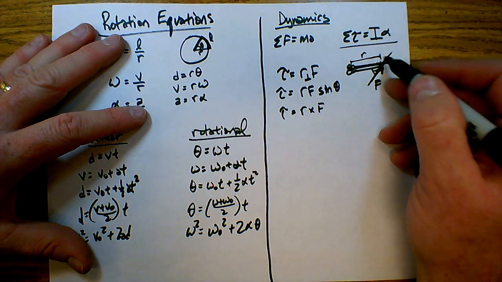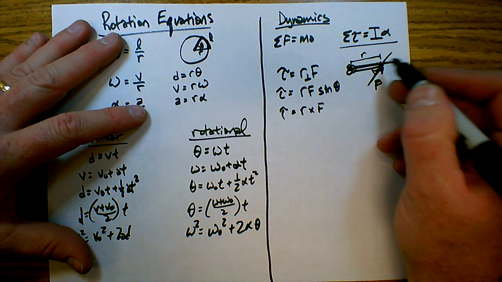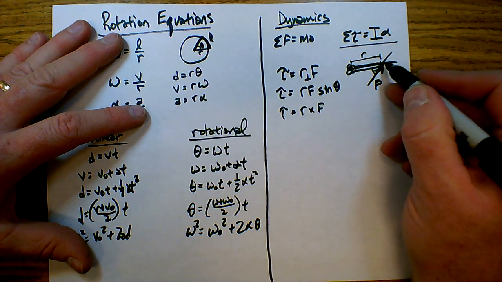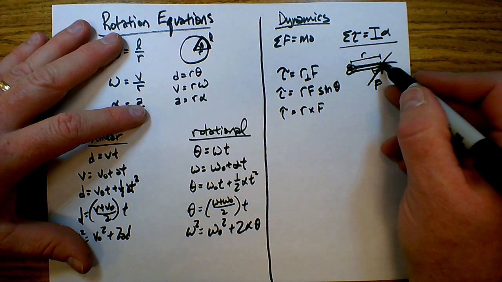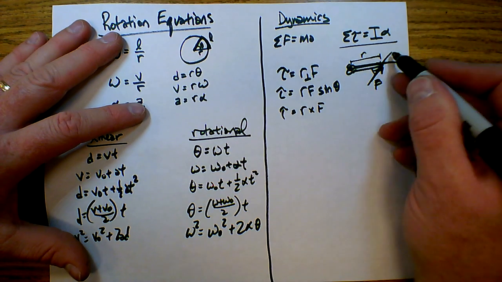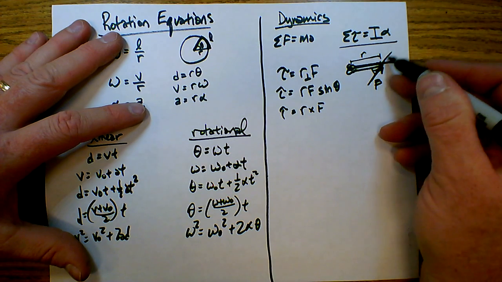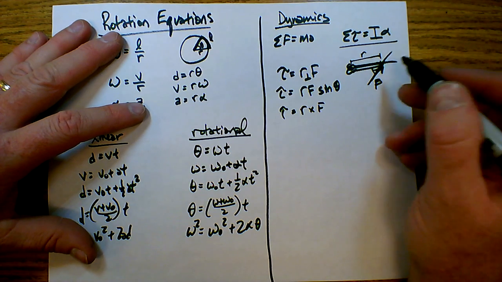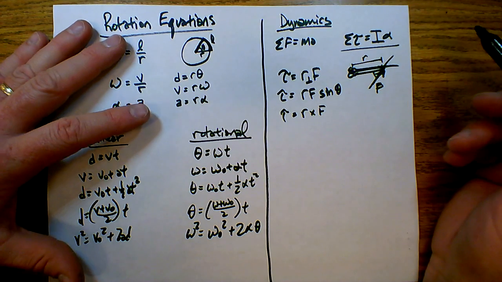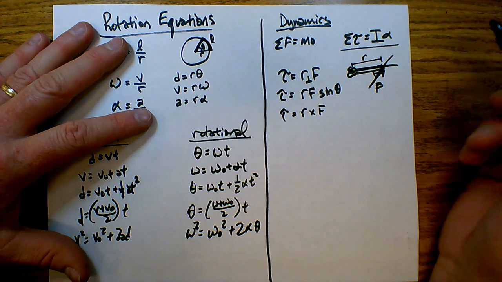I simply take r times f times the sine of theta, and that will give me the torque. Or I take the component of force that is perpendicular to the radius and multiply that. Or I could take the perpendicular distance from the axis of rotation to the line of action, extending that line of force, and that would give me the torque as well. So those are some different ways of finding an individual torque acting on an object.